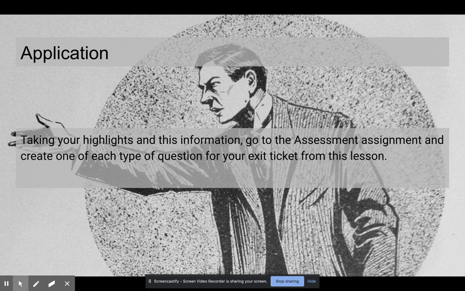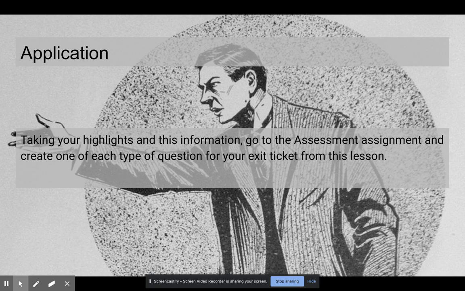For an inferential question, you are writing a question to make your students consider what's between the lines. What's the bigger picture? What do they know in their own experience that gives them more information about this thing, more than just what's in the text? What's the subtext? And then for the evaluative question, you're writing a question to get your readers, your students, to consider, is this effective?